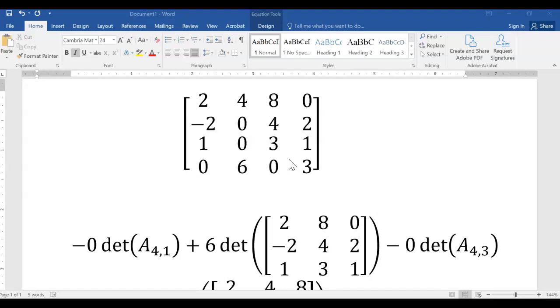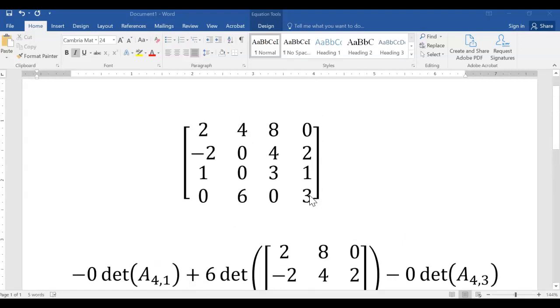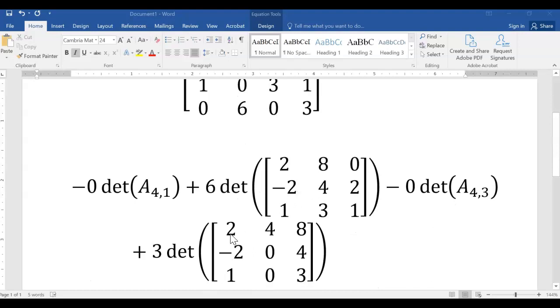When we expand on 0, 0 times the determinant of getting rid of the fourth row and the third column, whatever that's going to be, it's going to give us 0. And then I'm going to expand 3. If I get rid of the fourth row and the fourth column, we're going to be left with 2, 4, 8, negative 2, 0, 4, 1, 0, 3.